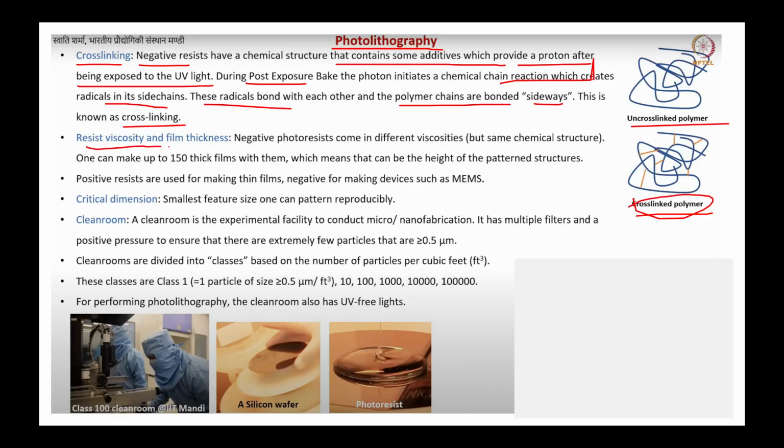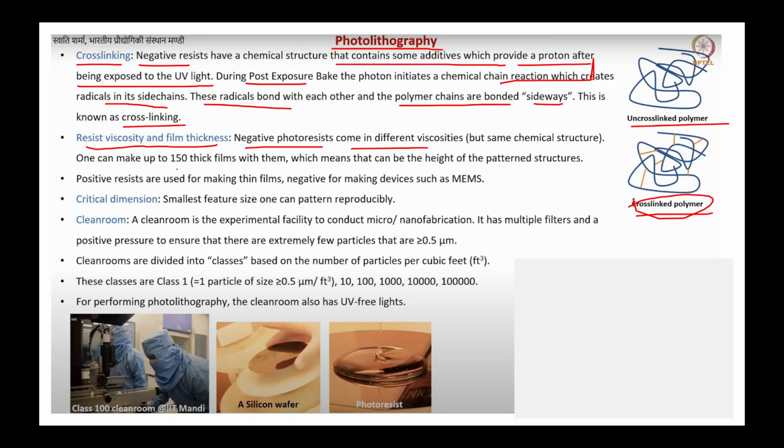So resist viscosity and film thickness, which I mentioned in the previous slide, you have to optimize in order to get a better film. Negative photoresists come in different viscosities, but the same chemical structure will be there.